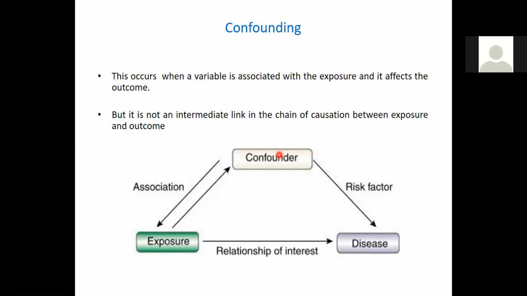A confounder is a separate factor, but somehow it is also associated with the exposure of interest. If you remember the statistics when we were doing linear regression, and we are going to talk about it here also, we talked about multicollinearity.